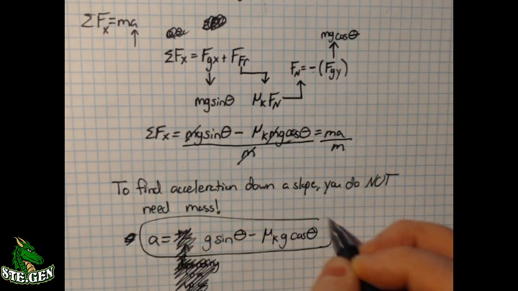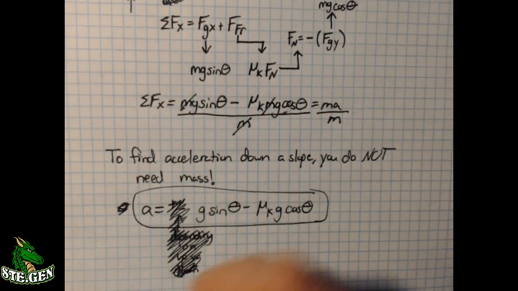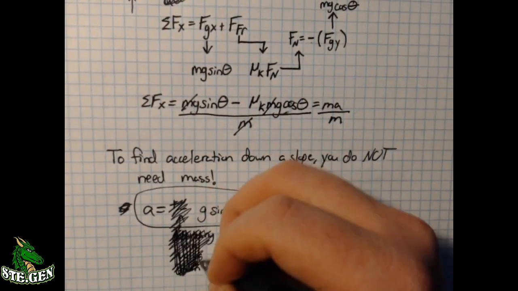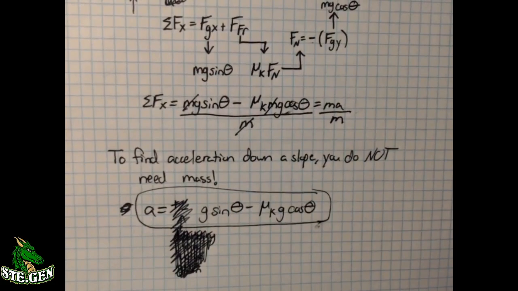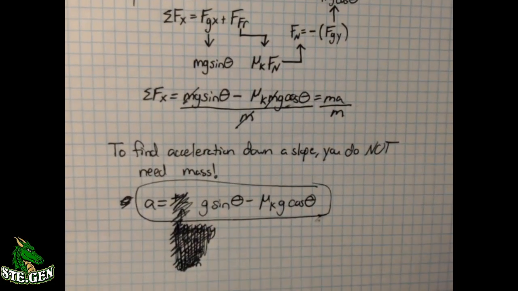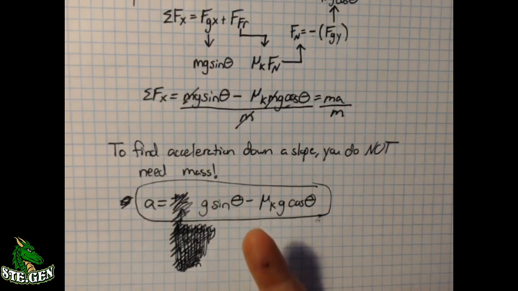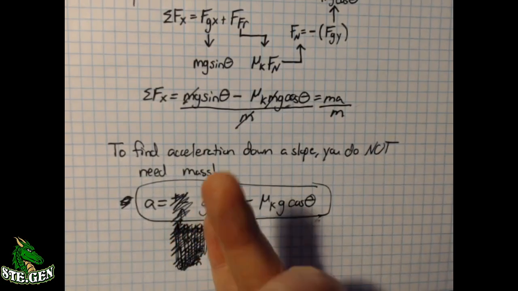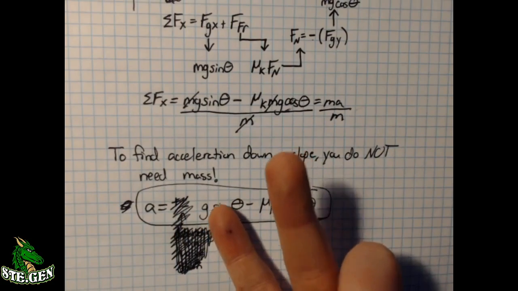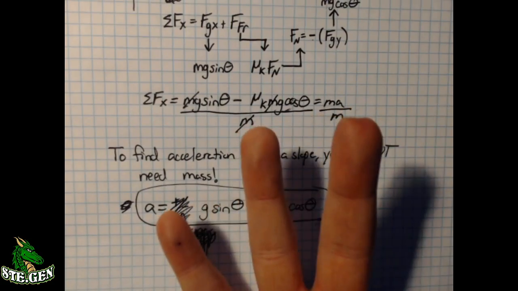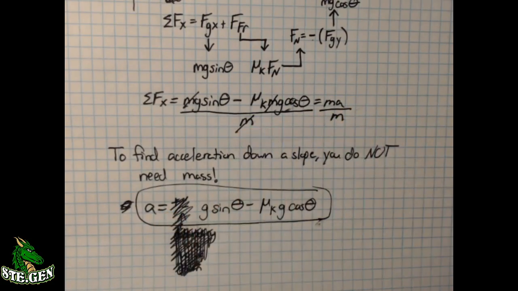Ignoring my weird note that I had on a different piece I was working on, this bad boy right here will help you figure out what you need. All you technically need to know to find acceleration down a slope is what is gravity, which on Earth you pretty much always know, what is the theta of the slope, and what is the coefficient of kinetic friction. And you can find the acceleration that an object will experience as it goes down that slope.